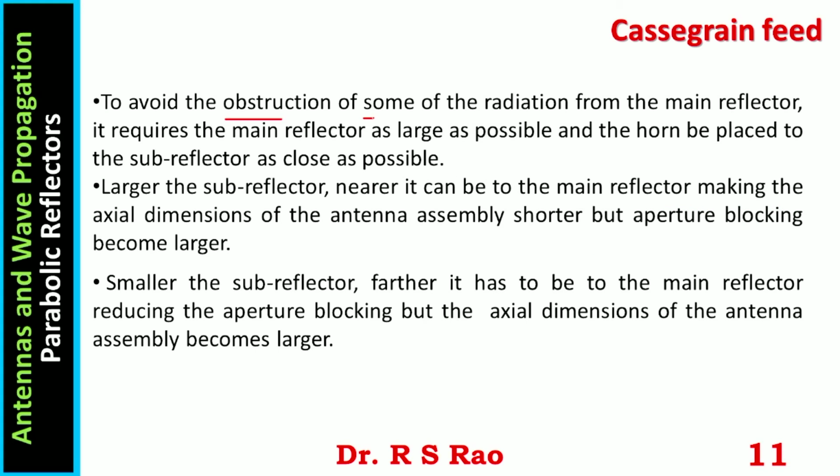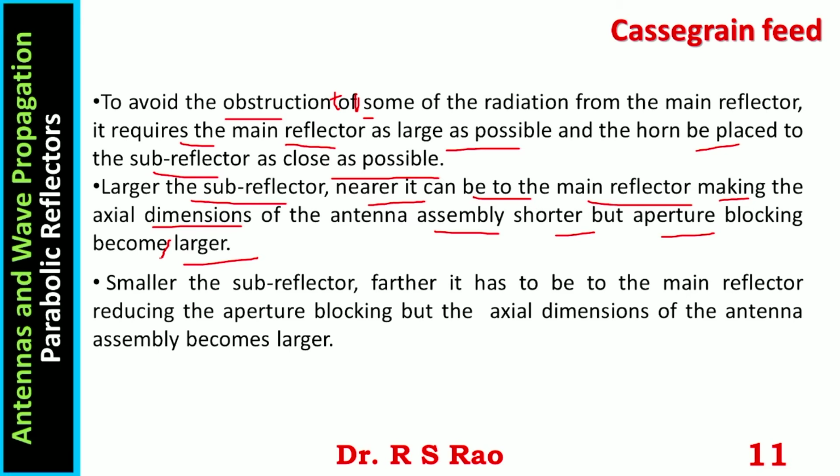To avoid obstruction to some of the radiation from the main reflector, the main reflector should be as large as possible and the horn be placed as close to the sub-reflector as possible. The larger the sub-reflector, the nearer it can be to the main reflector, making the axial dimensions of the antenna assembly shorter, but aperture blocking becomes larger.